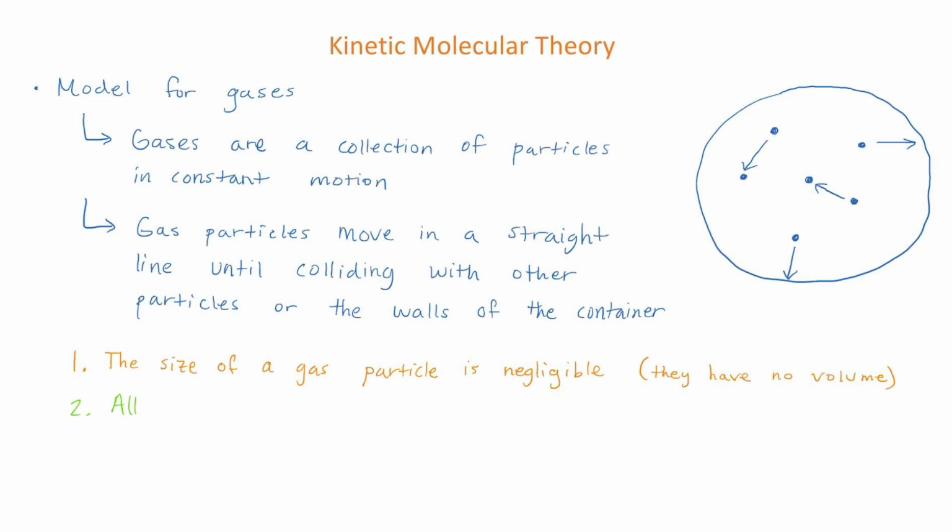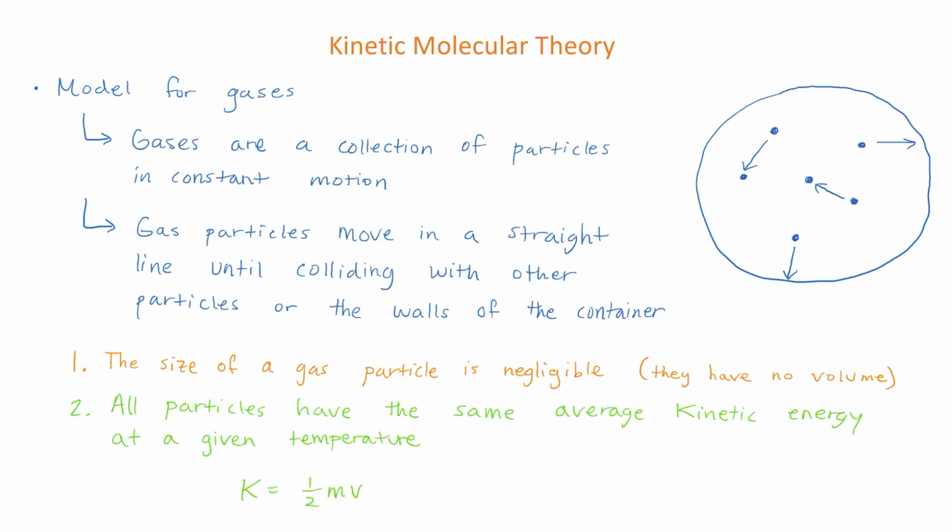The second assumption is that all of the particles in a system have the same average kinetic energy at a given temperature. Kinetic energy is the energy associated with the gas particle's motion. And what this assumption is saying is that if you got a sample of gas particles and they're all moving around, so they've got kinetic energy, no matter what type of gas particle it is, they will all have the same average kinetic energy.